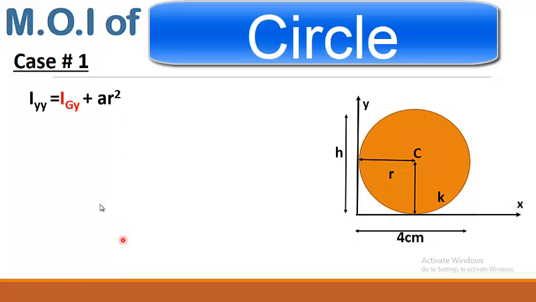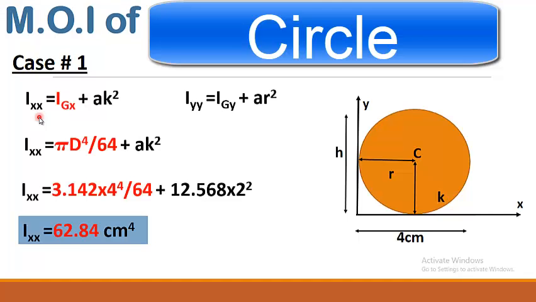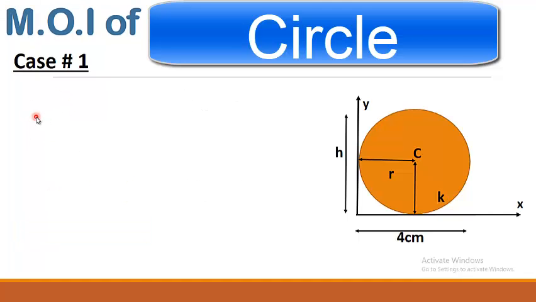Now to calculate the moment of inertia about the y-axis. In the previous slide we calculated the moment of inertia about the x-axis, and here we will calculate the moment of inertia about the y-axis. It is equal to Igy plus ar square. Now Igx has been replaced by Igy and k has been replaced by r.